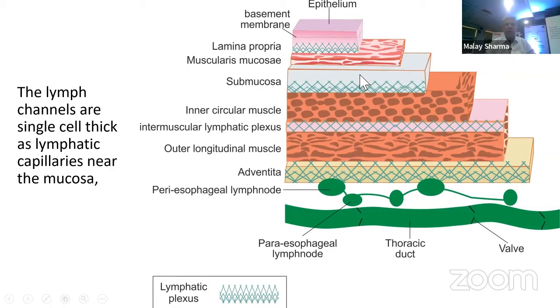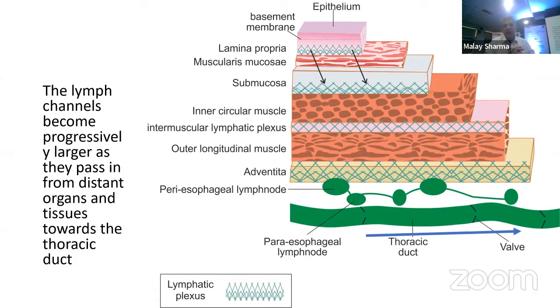These lymphatic capillaries lie near the mucosa, and they lie in each layer: in the lamina propria, the submucosa, the intermuscular lymphatic plexus, and the adventitia. These are the lymphatic plexuses which lie in each layer of the esophagus.